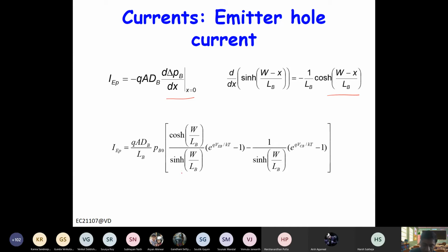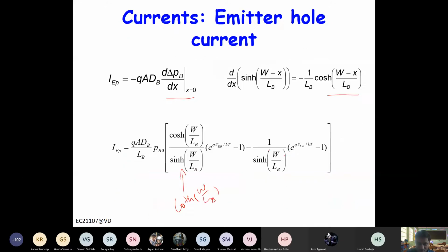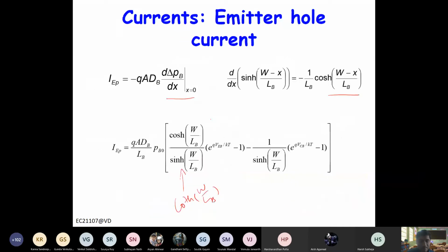It becomes basically coth of W by the diffusion length. And this is 1 by sinh, because if you substitute here, sinh will be cosh, and cosh 0 will be 1. So this is 1 by sinh of W by LB.